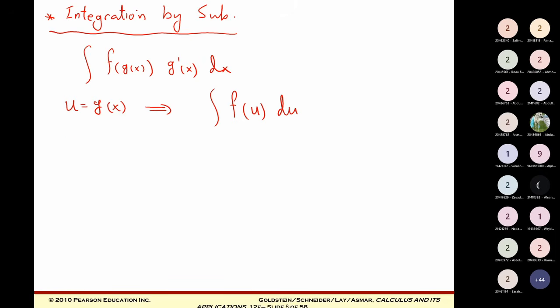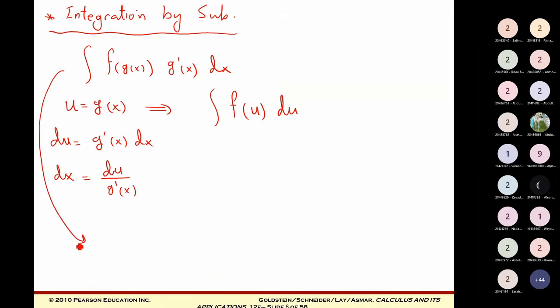Why? Because we can find du equals g prime of x dx. Now dx equals du over g prime of x.